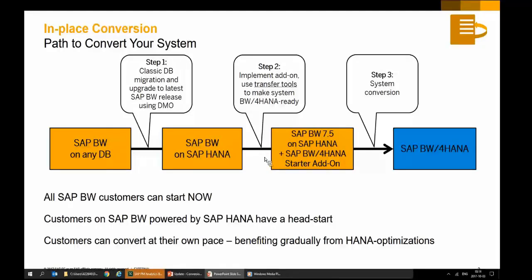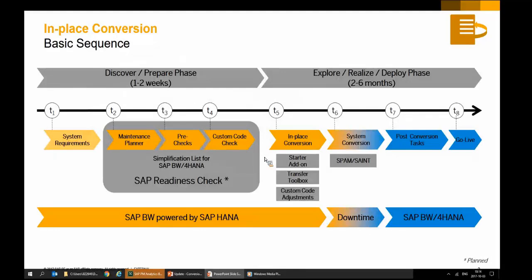At the same time, you would go to BW 7.5 with your system landscape and then install the so-called BW4HANA starter add-on. With the starter add-on, you enable all the conversion tools in your system and can start to do the HANA optimization of your data models and data flows. When everything is done, you'll do the final conversion, and that is really when you have your go-live weekend with a little bit of downtime to do the final system conversion to BW4HANA.